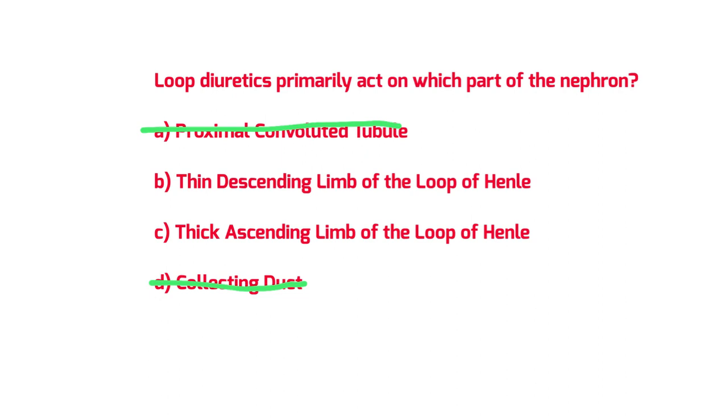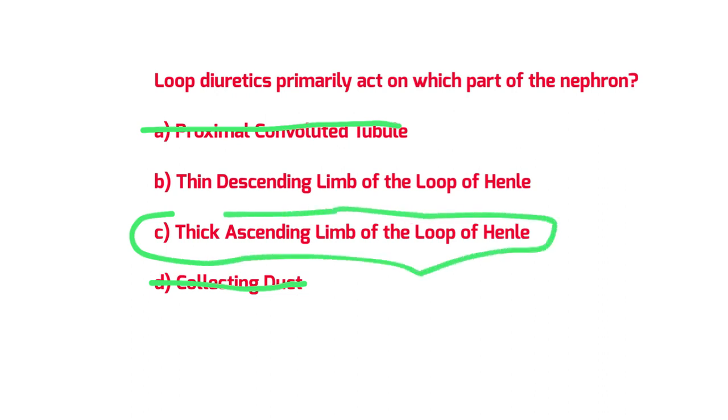But remember, it was the sodium potassium chloride cotransporter in the thick ascending limb of the loop of Henle that our loop diuretics are going to act on. There's going to be a secondary effect in the descending limb because that's where our water reabsorption is going to take place. And that process is going to be inhibited indirectly.